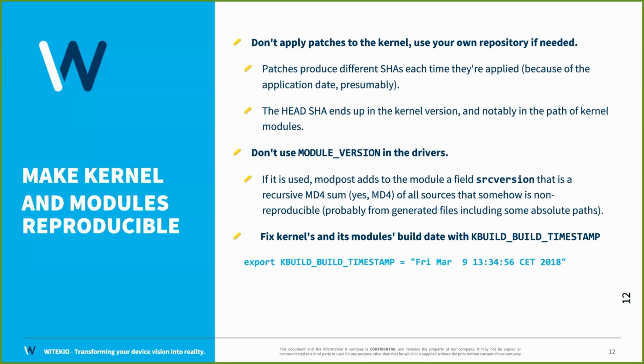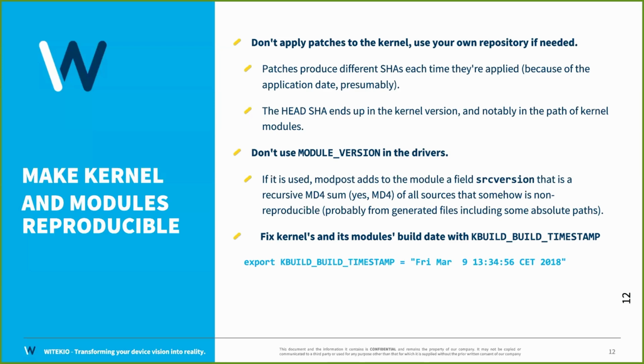Also, for kernel modules, there's a possible variable, module version, that is not much used, but where it is used, modpost adds to the module a field, srcversion, that it generates from an MD4 sum of other sources.